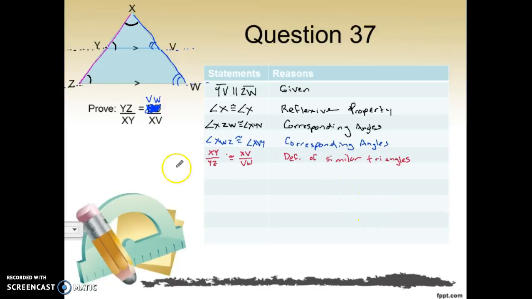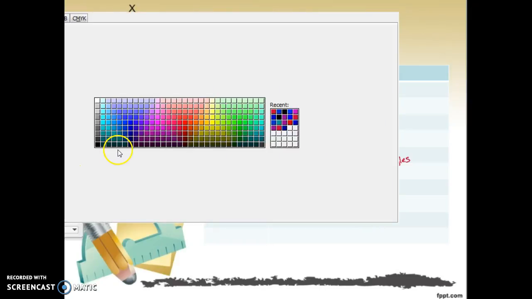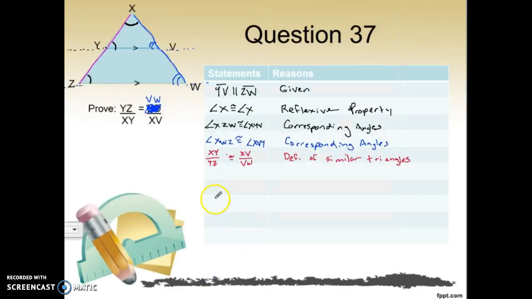All right. Now let's go with some green. I'm going to say that XY plus YZ equals XZ. What I'm doing is just saying this part here plus this part here equals the whole thing.